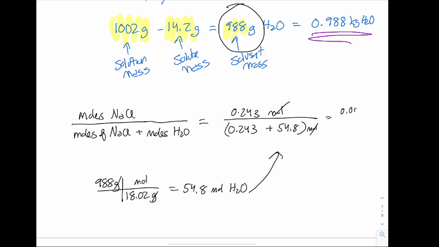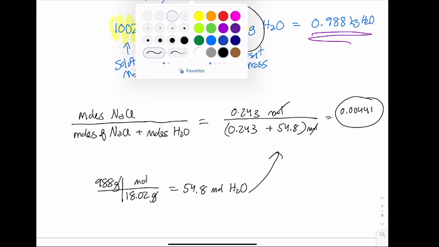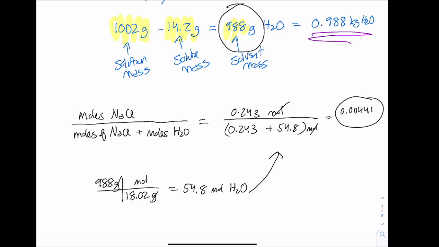So 0.0044, it's going to be less than 1. Again, no units, right? So again, just please, if you're given the unit of concentration as part of the problem, write it out. I promise it's going to help.